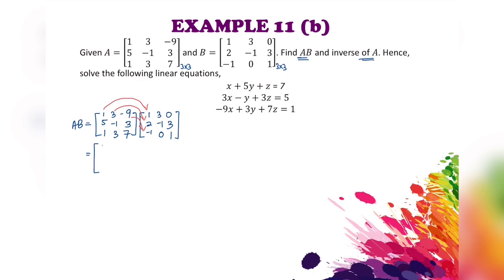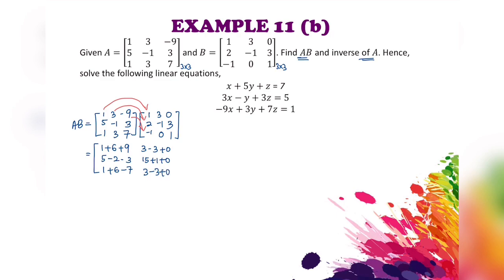So let's start with 1 plus 6 plus 9, 5 minus 2 minus 3, 1 plus 6 minus 7. So the second column, 3 minus 3 plus 0, 15 plus 1 plus 0, and 3 minus 3 plus 0.